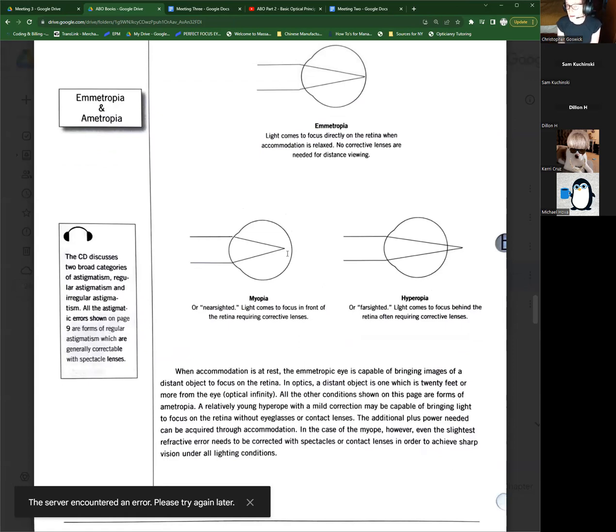One of the big things you're going to think about with differentiating myopia and hyperopia is where this point of light is coming to. Is it stopping short, not getting all the way to the back of the eye? Or is it actually going beyond the back of the eye? When it goes through the cornea, where is it landing and resting?